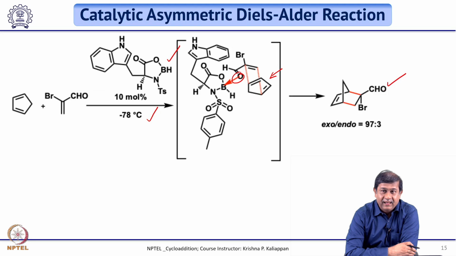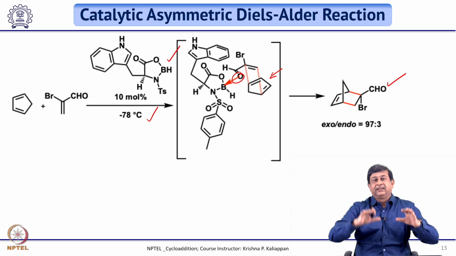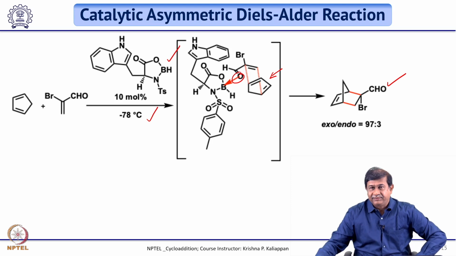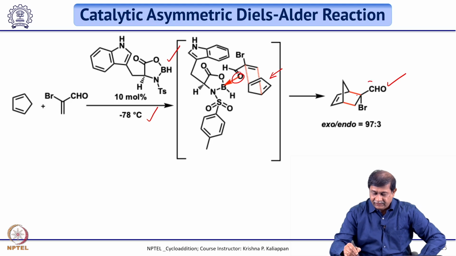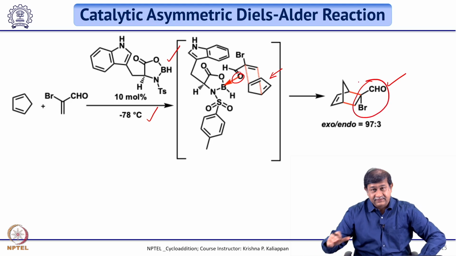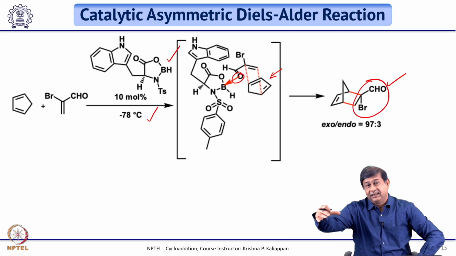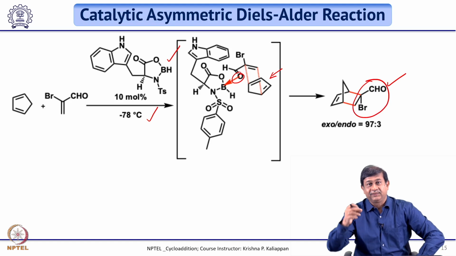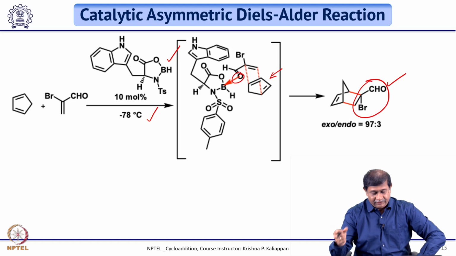Okay. And he also successfully used this in the total synthesis of prostaglandin. This particular asymmetric Diels-Alder reaction he has successfully used. For example, this should be converted into a ketone, that is, if you take cyclopentadiene and then do a ketene equivalent Diels-Alder reaction, you will get a bicyclo[2.2.1] heptenone.